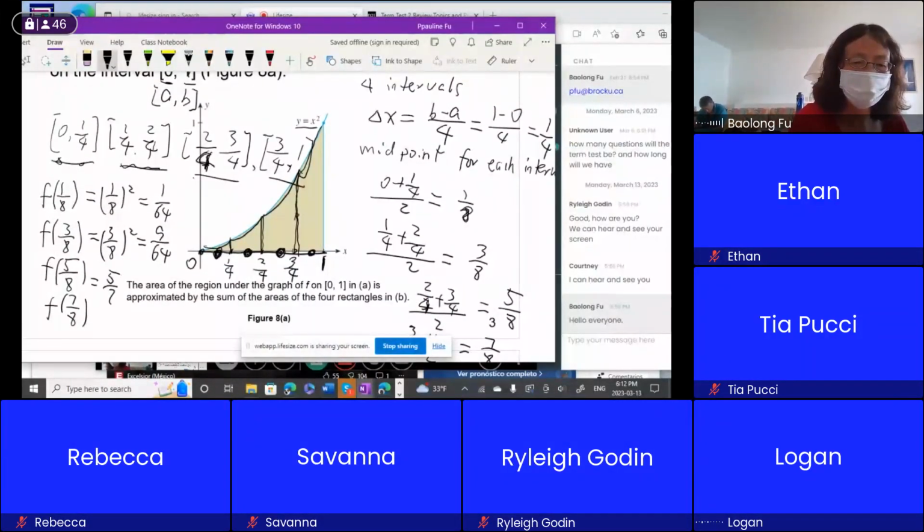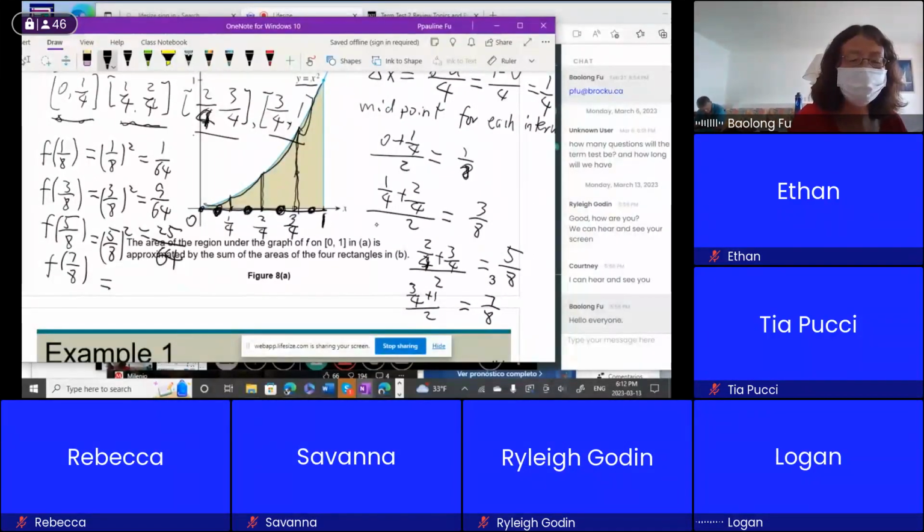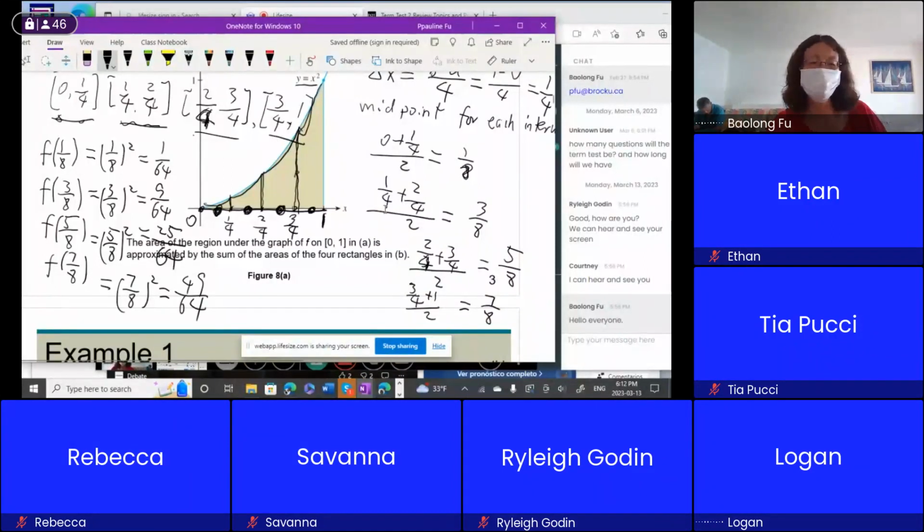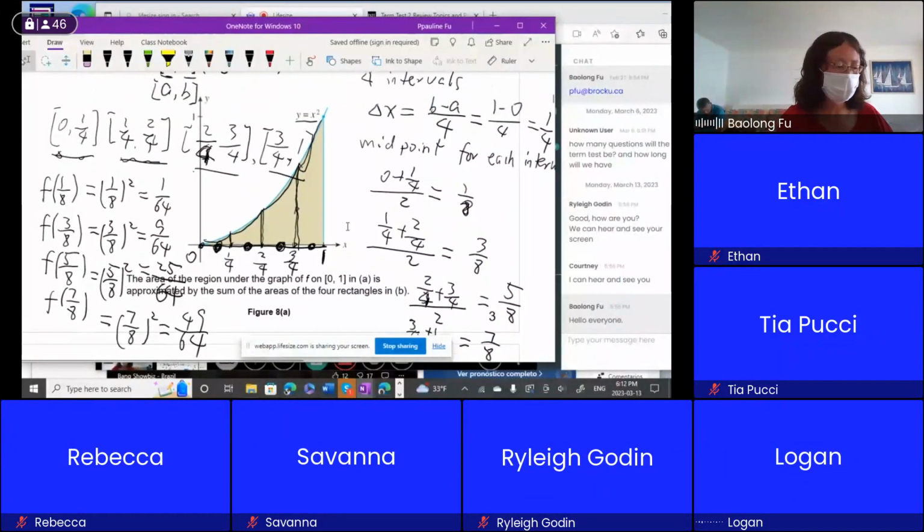So 5/8 squared, 25/64. Last one, 7/8 squared. Any questions? Calculate the function value at midpoint. Okay.